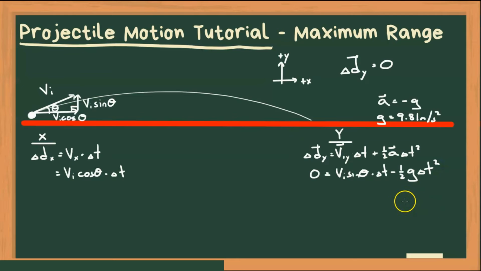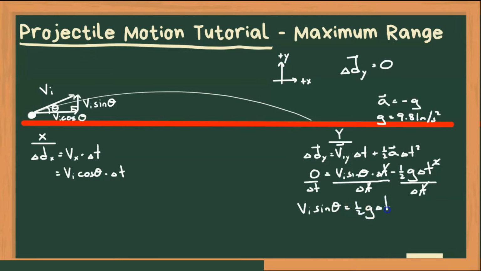Alright, so I know that the time of flight is not going to be 0, so I can divide through every term by the time variable. So when I do that, it's great because it gets rid of the quadratic here, so time goes and a square goes over here. And so rearranging, I get vi sine theta is equal to 1/2 g delta t.